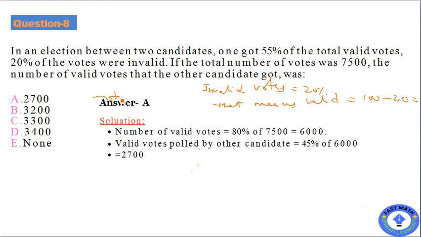Total votes given is 7500. The number of valid votes will be 80% of 7500. That means 80% of 7500 is nothing but 6000.